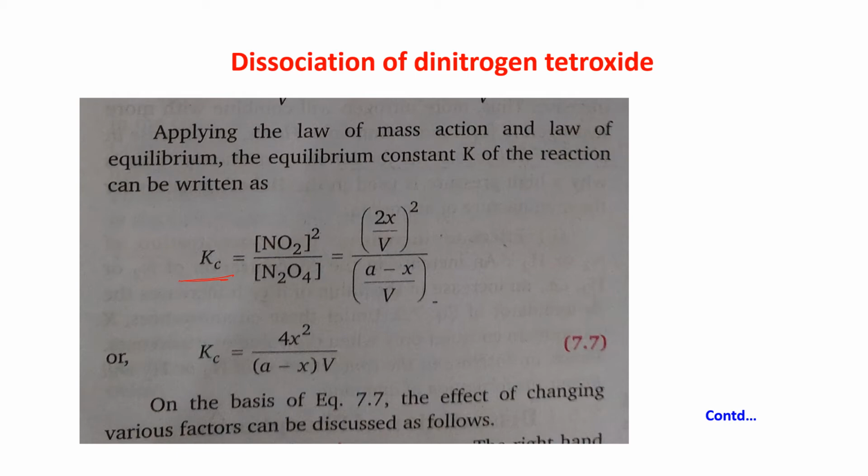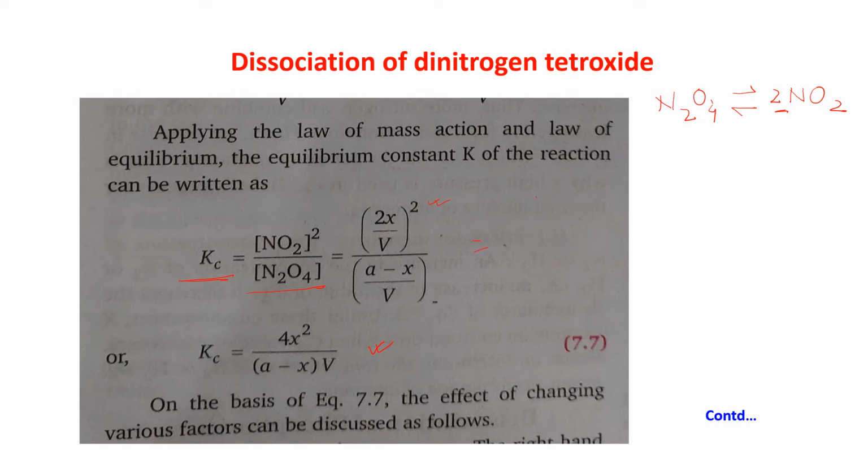NO2 to the power 2, because my reaction is N2O4 giving you 2 NO2, so its stoichiometry is 2, and N2O4 is the reactant. For NO2 we have got 2X by V to the power 2, and for N2O4 we have got (A minus X) by V. If we calculate, we are getting 4X square by (A minus X) into V.